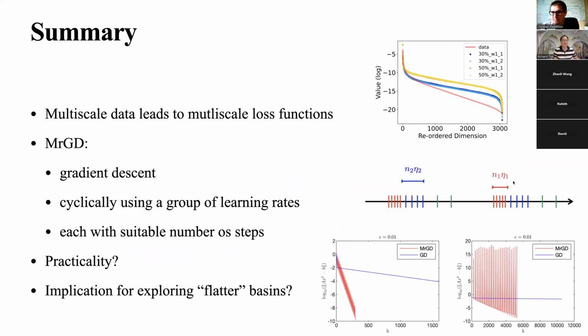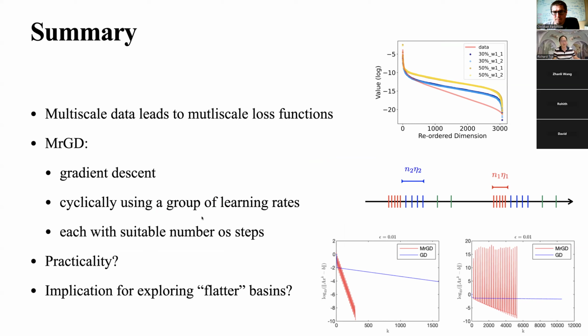So this is a summary for the second half of my talk. Multiscale data will lead to a multiscale loss function, even though your loss function has no scale. The way you plug in the data will induce some kind of multiscale property of your empirical loss function.